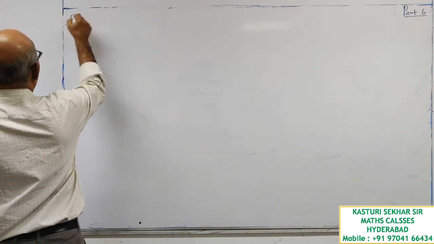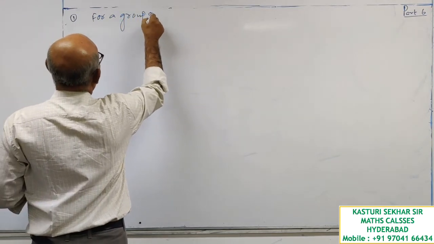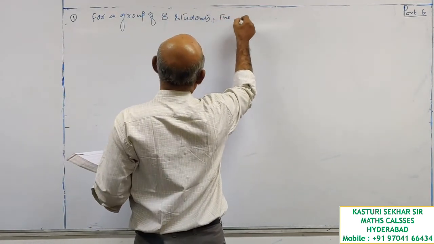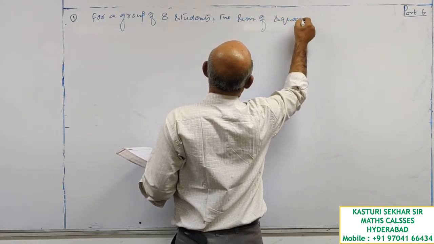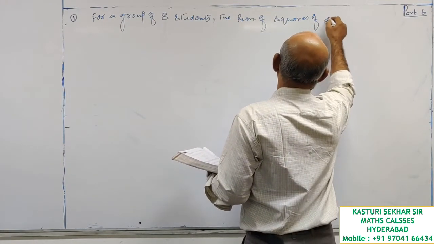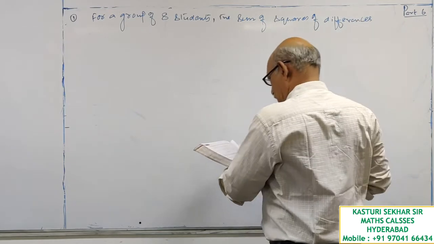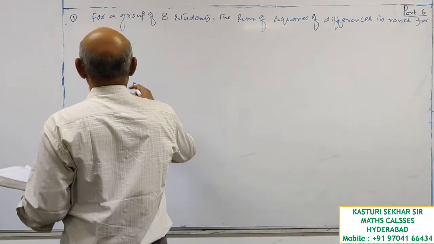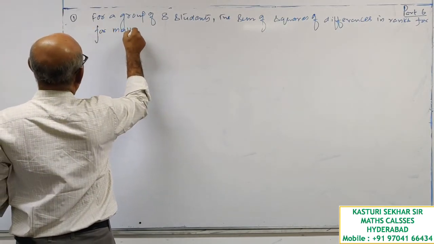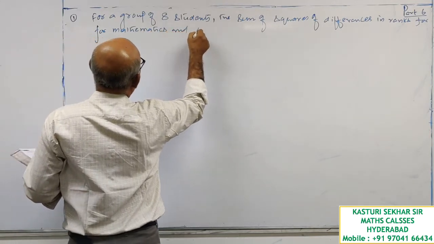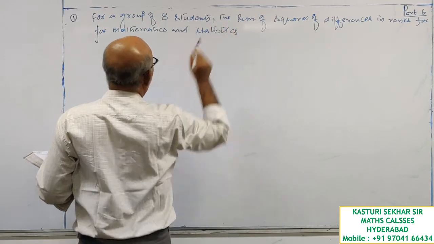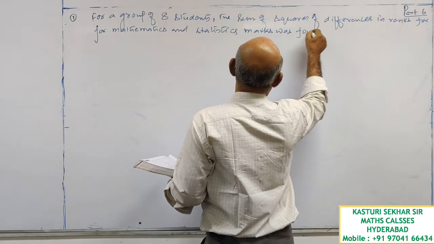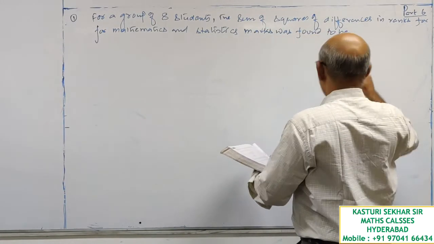First one, for a group of eight students, the sum of squares of differences in ranks for mathematics and statistics marks was found to be 50.